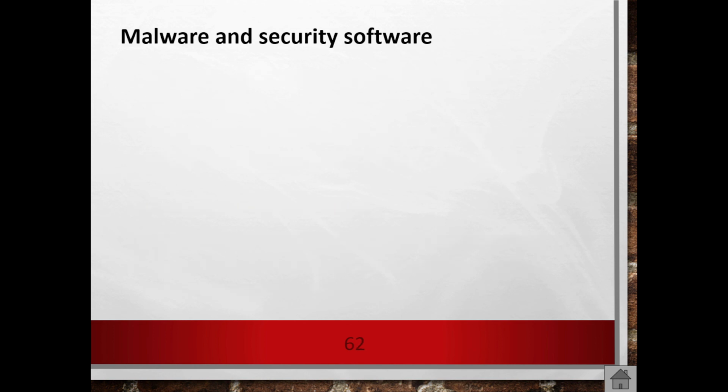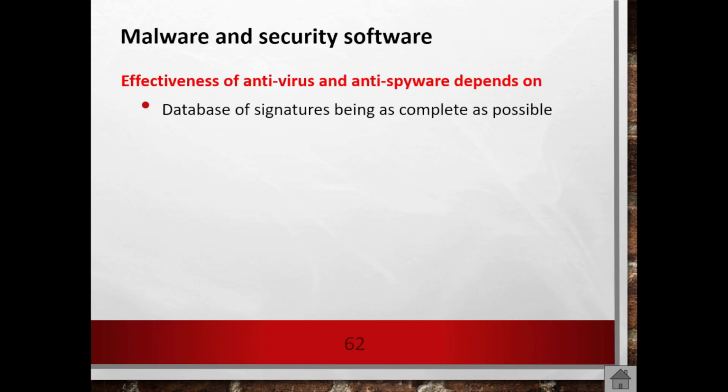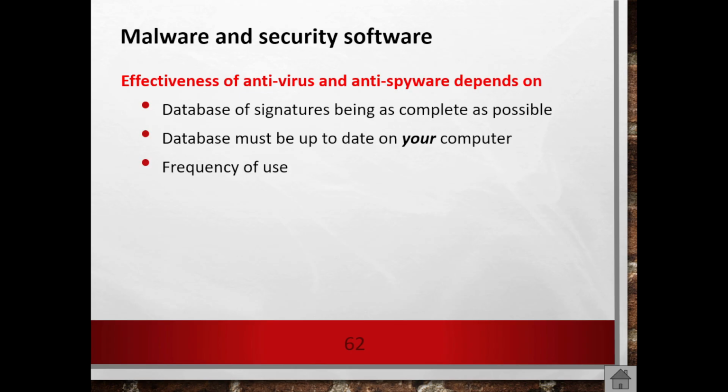And what is detecting it? Your antivirus or anti-spyware software. The effectiveness of this depends on you updating it, making sure it is up to date, and making sure you are actually using it as it should be.